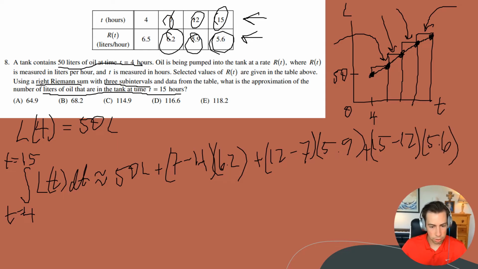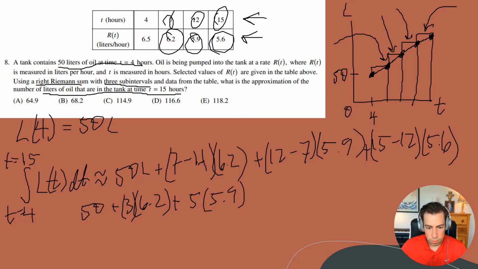Now, whenever I run this calculation through, I'm going to get 50 plus 3 times 6.2, plus 5 times 5.9, plus 3 times 5.6. Okay, so now we're just going to have to do some math.